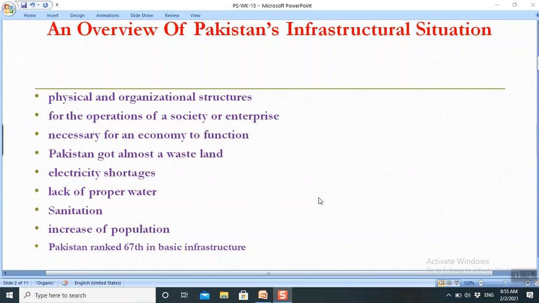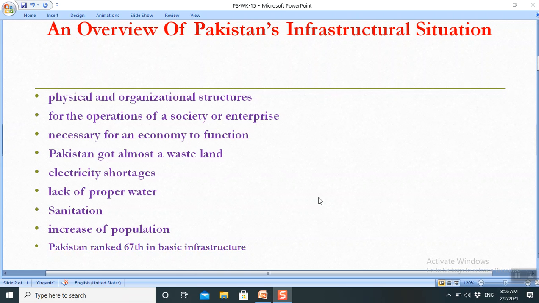People were provided more opportunities for entertainment. Radio Pakistan and television came for the first time in Pakistan, and they started their activities. So this is a precise discussion about the infrastructural development in the Ayub Khan era.